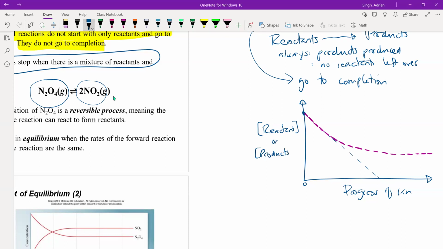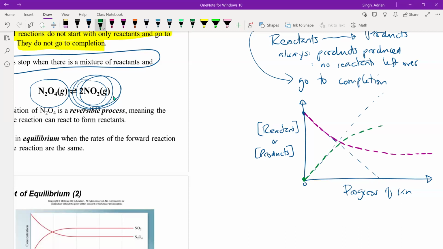Originally we have no products to begin with, so we're down here at 0. As the reaction proceeds, we would expect the amount of product to increase linearly. What we actually find is that yes, the concentration of the products increases, but then it starts to tail off a little bit.